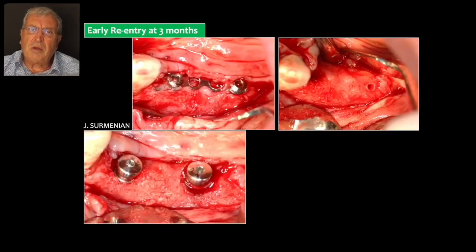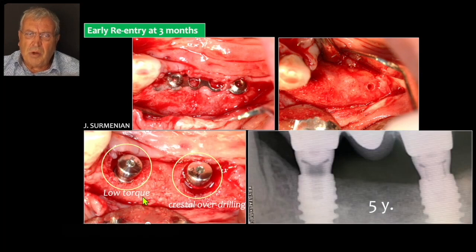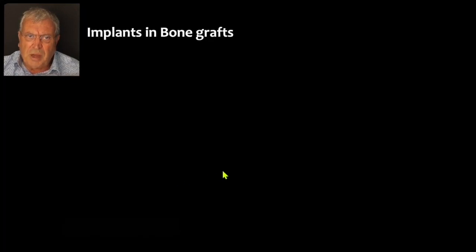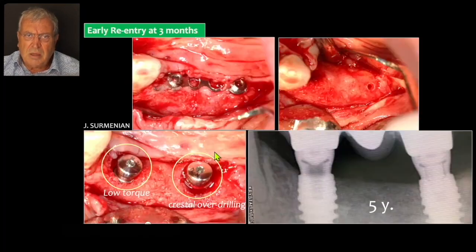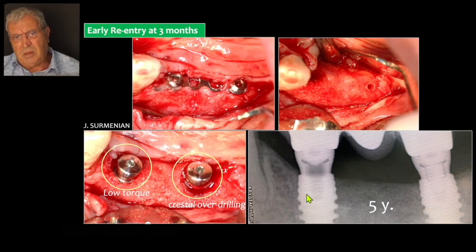It's better to make an early re-entry because the bone is not very dense. We will definitely do a crestal over drilling, and then it's very easy to get full stability.